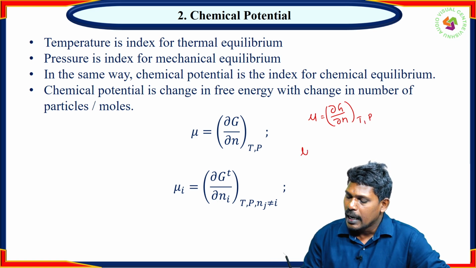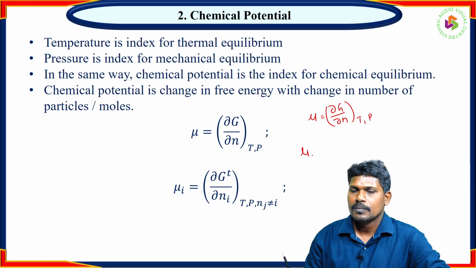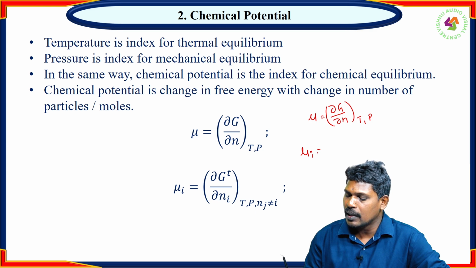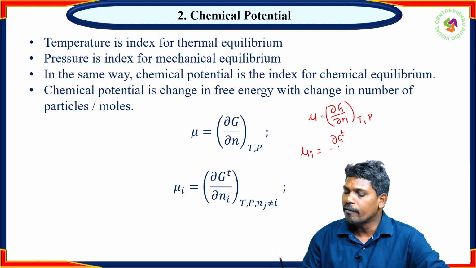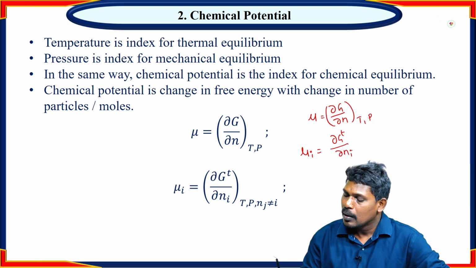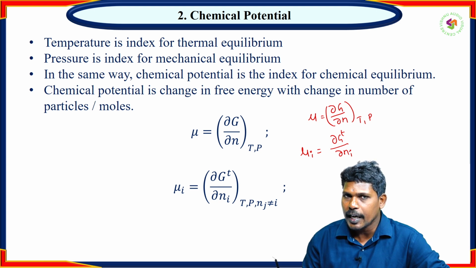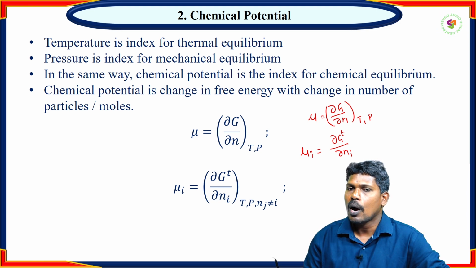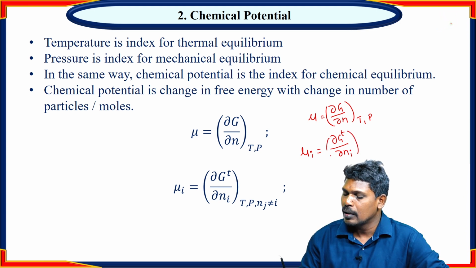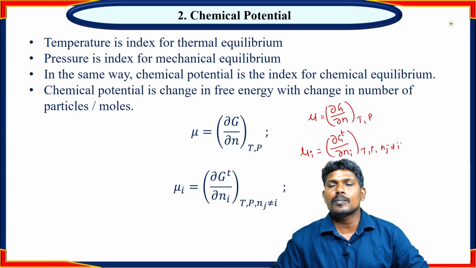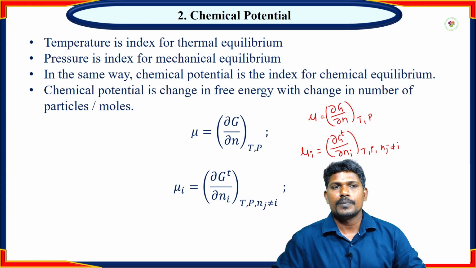In other words, in a mixture, the chemical potential of a particular compound is equal to the change of total free energy with respect to the change of moles of that particular compound at constant temperature and pressure, with nj not equal to i, meaning the other moles are kept constant.